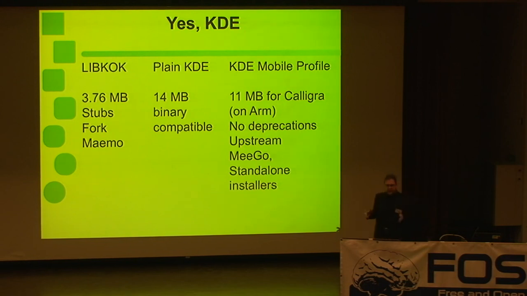What we did together was go through all of KDE and remove everything that's deprecated, that's still there to be compatible with source code written in KDE 3 days, that's still there to be compatible with ideas that we've long since discarded. KDE Mobile Profile is also KDE cut up into smaller parts. Big libraries have been split up into small functional components, so you only need to take what you need for your application. And that's surprisingly little for Calligra.